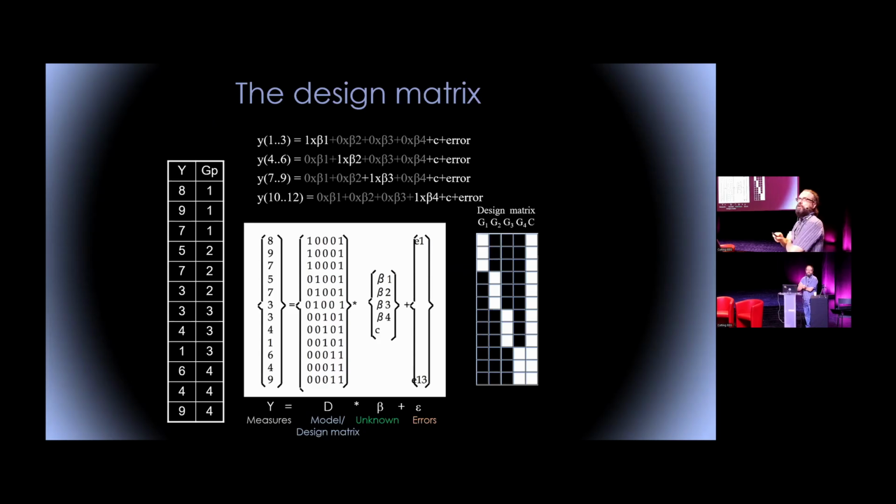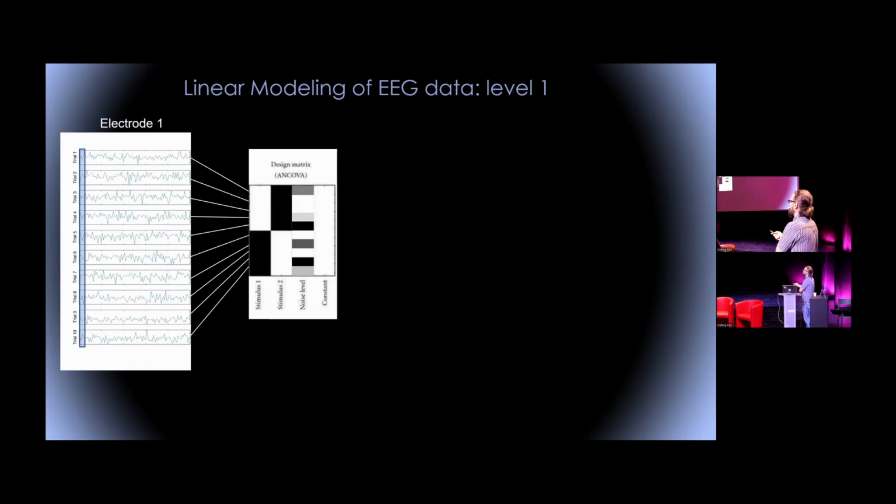It's a central concept, and you'll see it often in EEG, MEG, and fMRI. So once you have your design matrix, if we had a continuous regressor, for example luminance, it would be shades of gray here, because luminance doesn't take just 0 and 1, it can take different values. So that's what's represented here, for example.